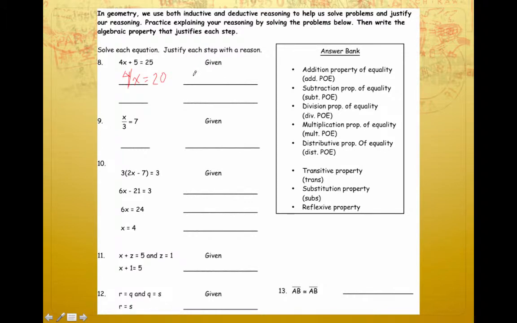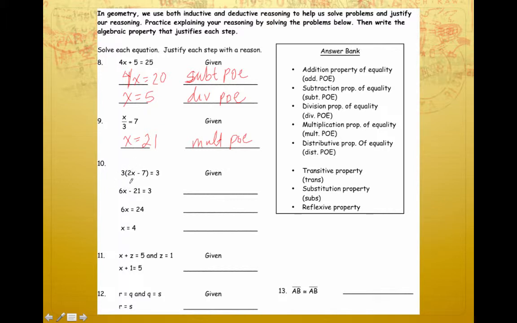So the fact that I'm allowed to subtract is the subtraction property of equality. And then you divide by 4 and say, well, x is 5. And that would be using the division property of equality. And then when you have x over 3, you would multiply by 3, and multiplying by 3 on both sides is the multiplication property of equality.